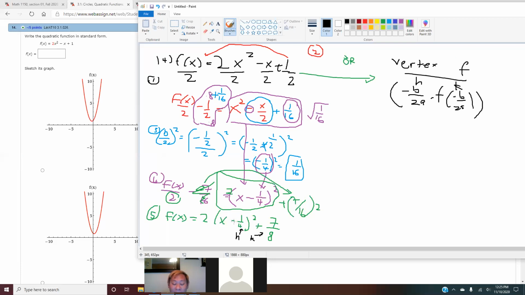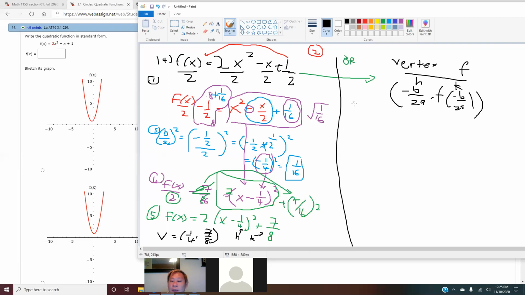So if you have a negative, it becomes positive. If it's positive, it becomes negative, so your h in this case is 1/4. You have to switch the sign inside, but your k remains the same. So if this is plus, it is a plus. If this is a minus, it is a minus. So make sure you know how to find your vertex here. However, this is a shortcut. I'm going to show it to you.